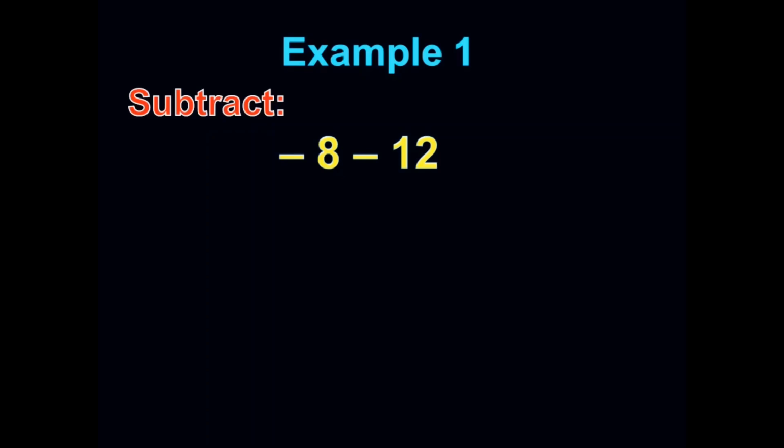First, we bring down the minuend. After that, we change the minus sign into plus sign. Then, we change the subtrahend into its opposite. So, the opposite of positive 12 is negative 12.